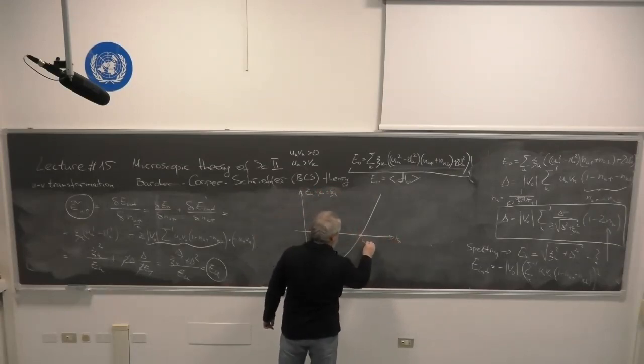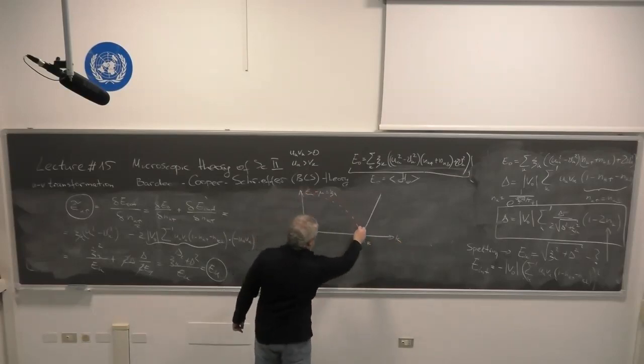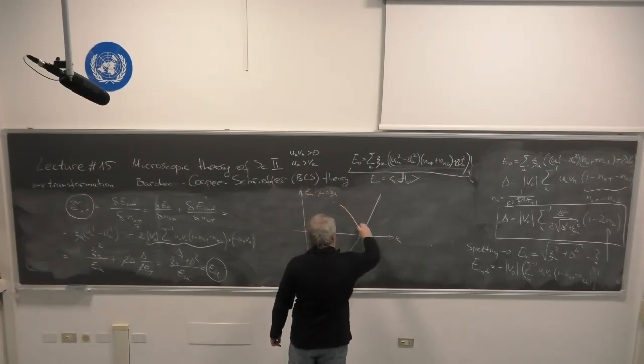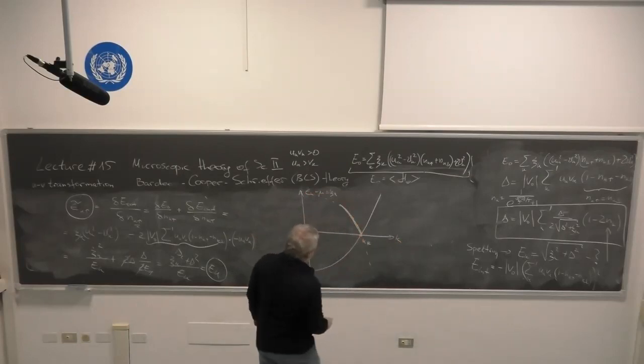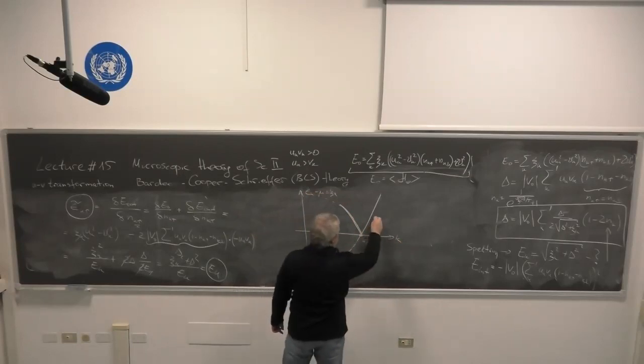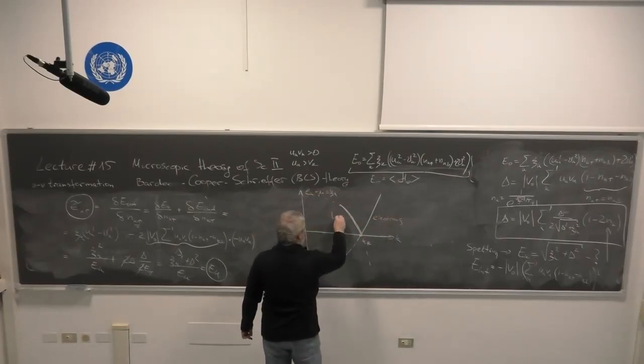This is the Fermi sea. We said that we can reflect this parabola and write down this branch. We are saying that these excitations are electrons and these excitations are holes.